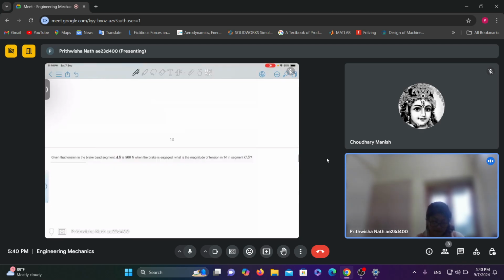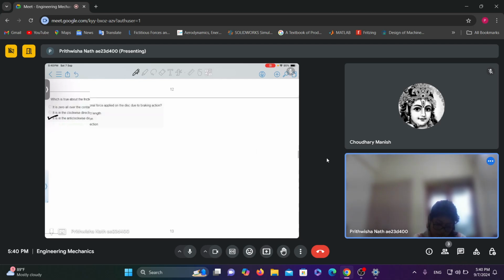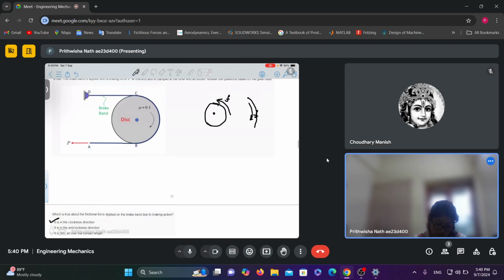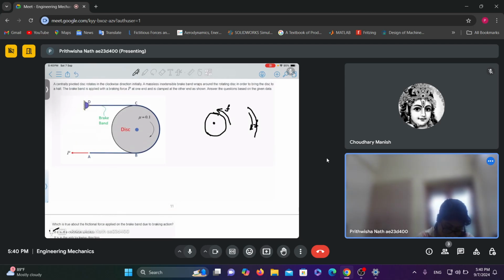Now the next part, given that the tension in the brake band segment AB is 500 Newton, when the brake is engaged, what is the magnitude of tension in Newton in segment CD? So this part is AB and this part is CD.